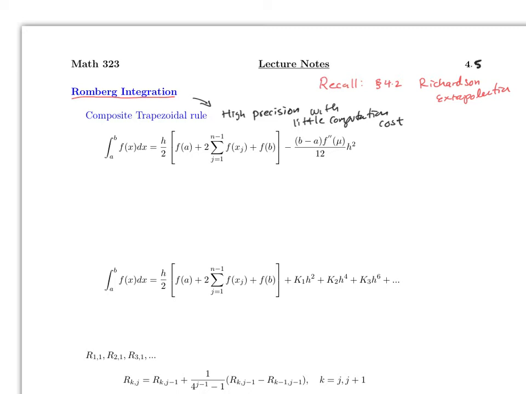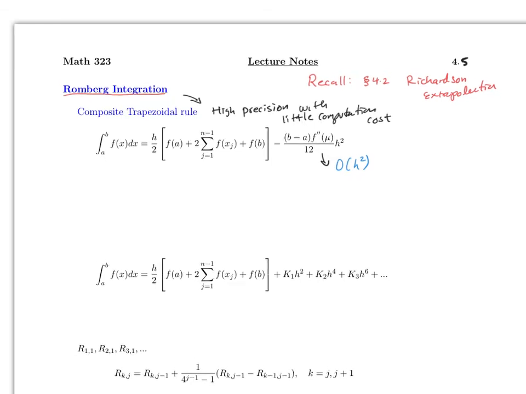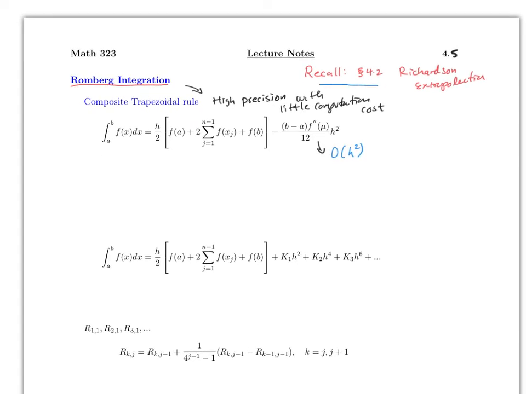Now, by definition, remember the composite trapezoid rule has the following error function or truncation error, which is big O of h squared. So we talked about that a few times. Now, if you remember from Richardson extrapolation, there we used this notation M equals N1 of h, and then k h squared, and so forth.